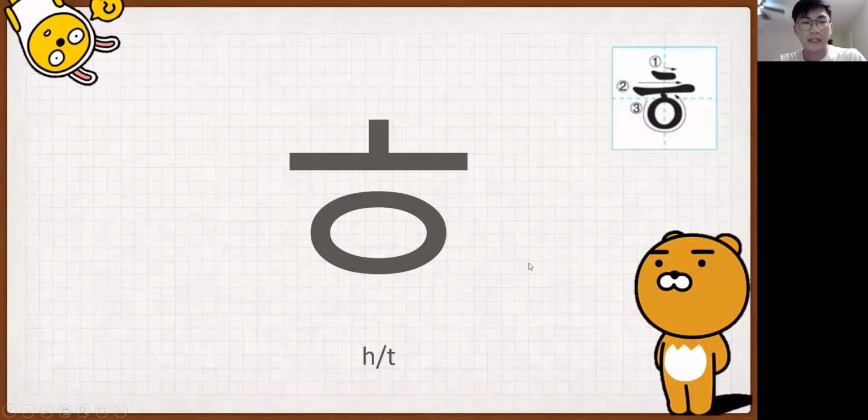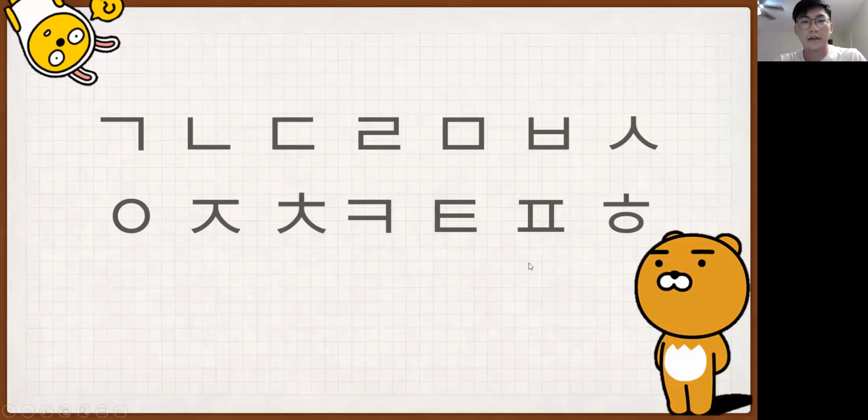All right. So that was the last of the consonants. This is all the consonants in one. The first one we learned was kiok. And then there's niun.